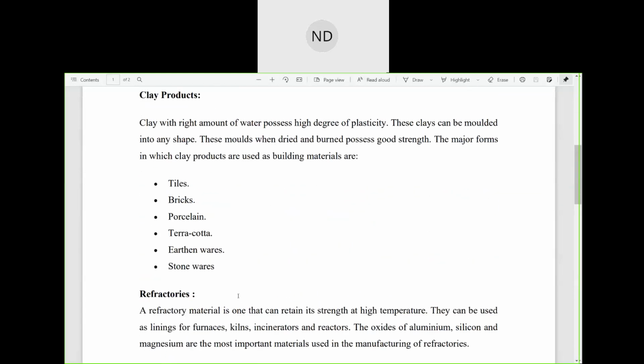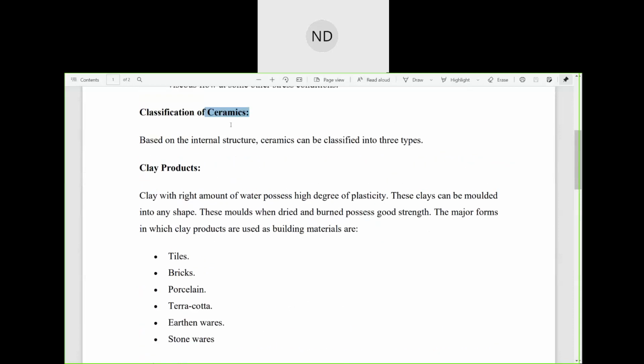So what are clay products? According to their internal structure, the first one is clay products. Clay with the right amount of water possesses a high degree of plasticity. When we mix the clay with water, you can deform it and give it different shapes, so these clays can be molded into any shape.